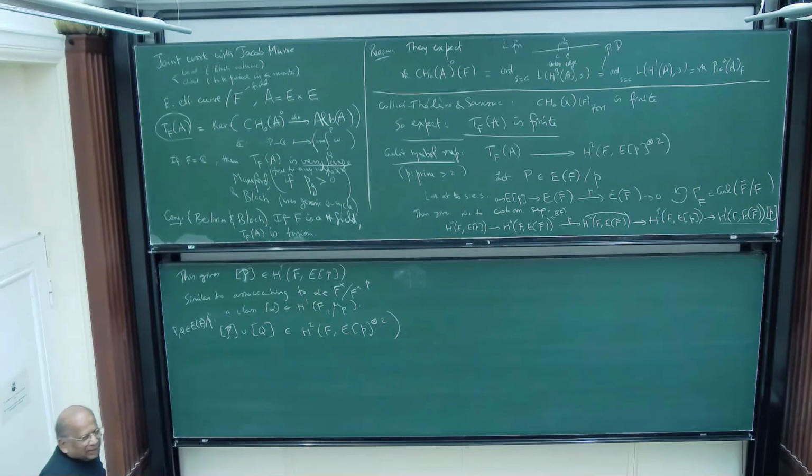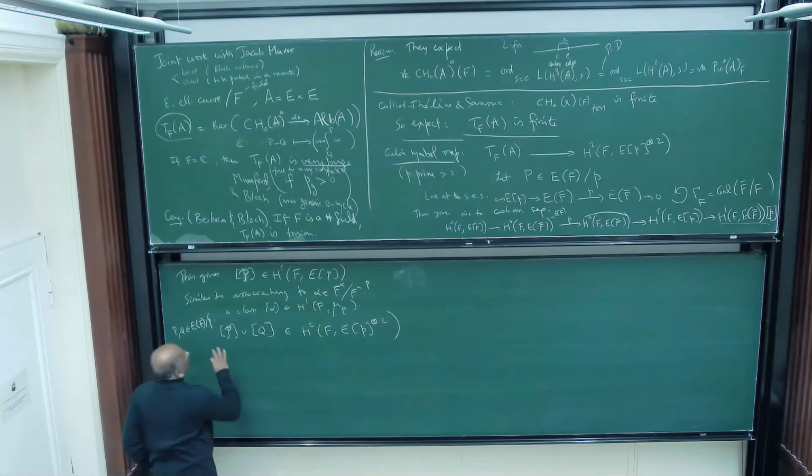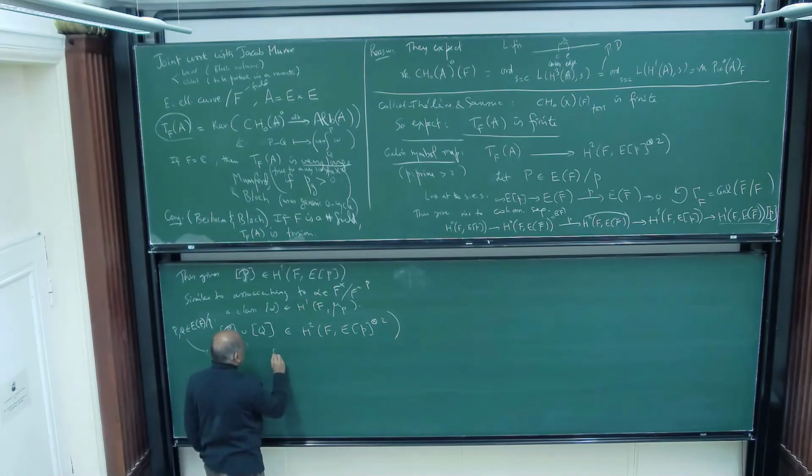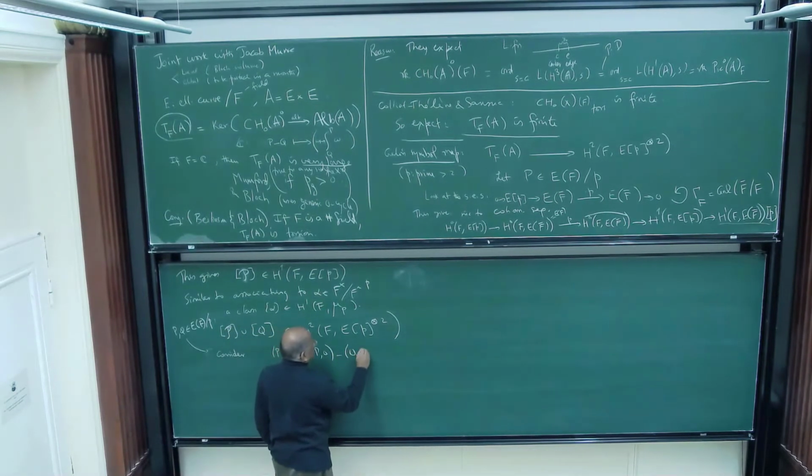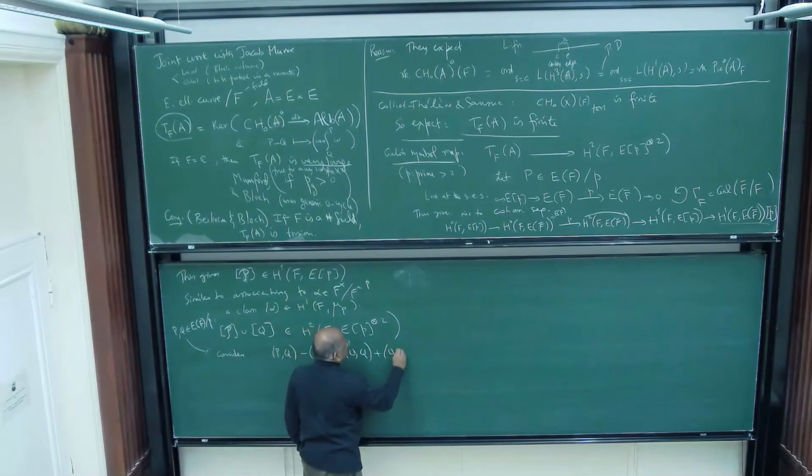Okay, so now what does it all have to do with T? Well, the point is that given P and Q like this, consider the following thing. You can take the point (P, Q), then subtract (P, 0) minus (0, Q) plus (0, 0).